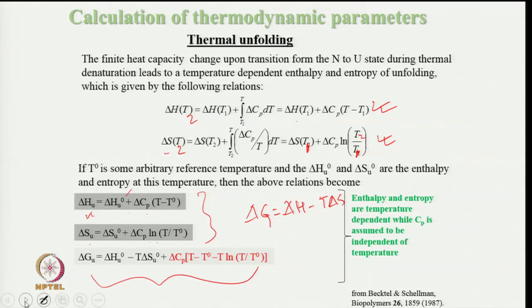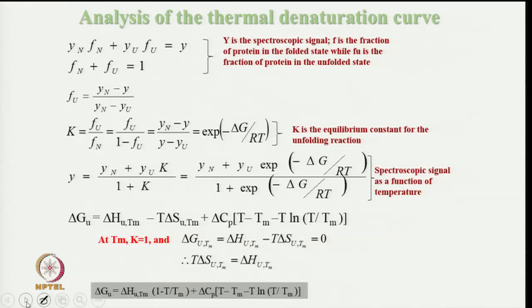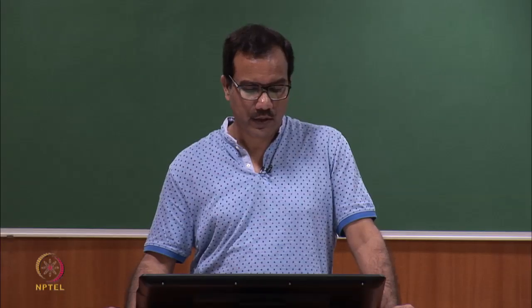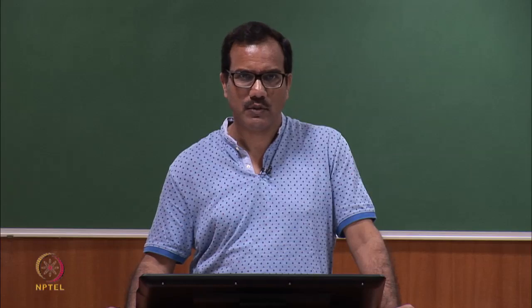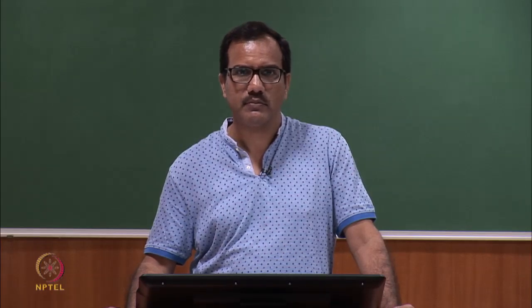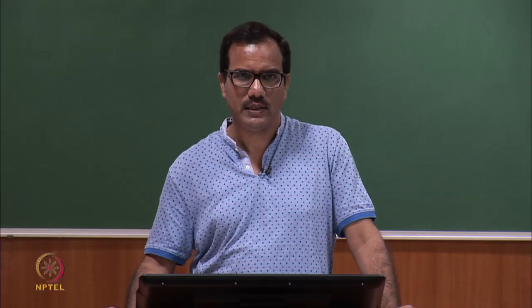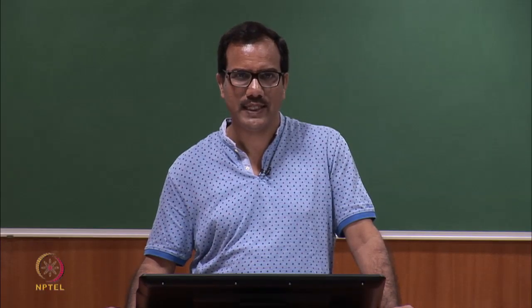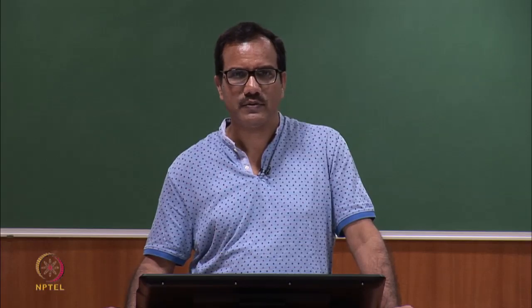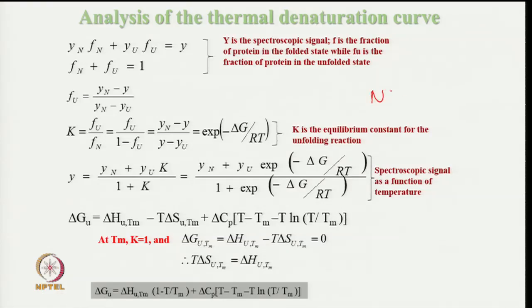Now, the next question is how to get the delta G value. If I want to know the thermodynamic parameters from the thermal denaturation profile, the way we can go is, first we need to calculate K of the N to D process.